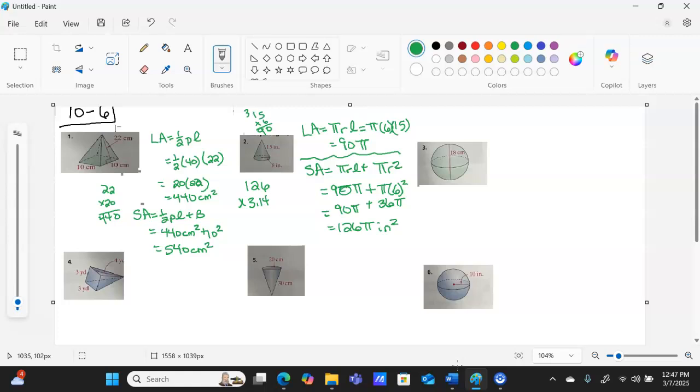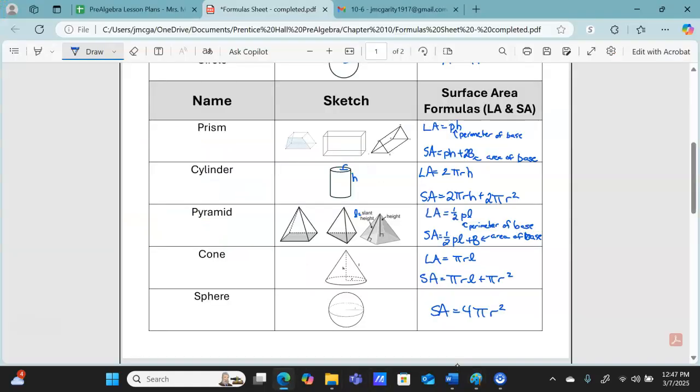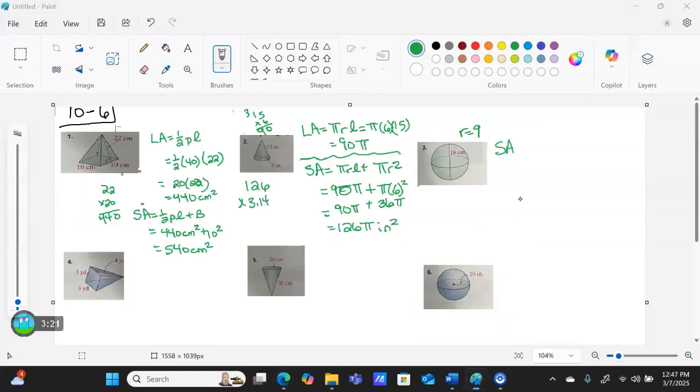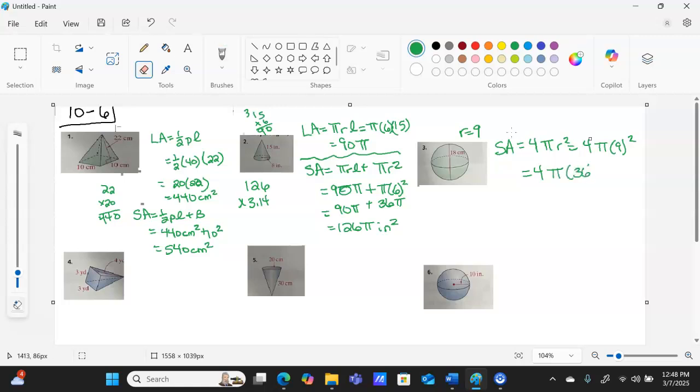On number 3, this is actually the diameter, so the radius is 9. And on this one, our surface area formula is 4 pi r squared. So we have 4 times pi times 9 squared. So order of operations, do my exponent first. 9 squared is not 36, it's 81.